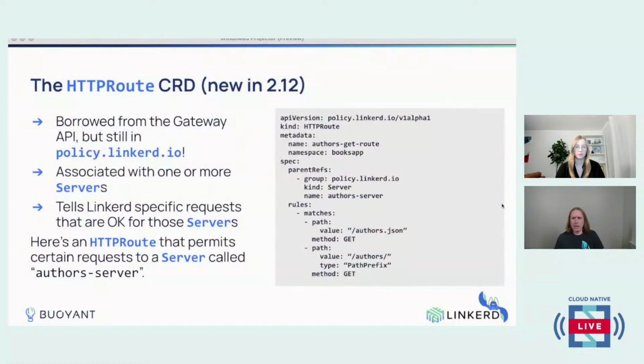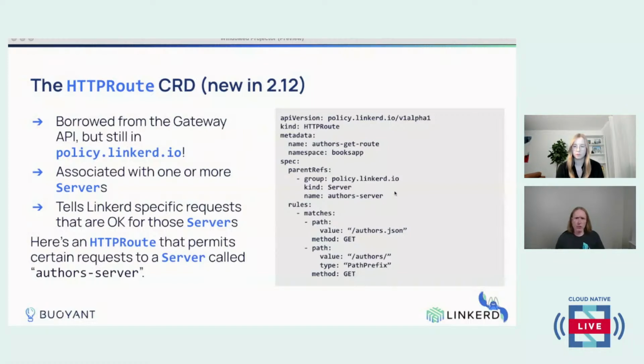All right, on to the HTTP route CRD, which is new in 2.12. We borrowed this from the Gateway API. It's in a different API group, though. It's in policy.linkerd.io because Linkerd does not currently implement all of the Gateway API HTTP route, so we decided to just put it into its own API group to make that a little bit more clear. You associate it via this parentRefs with one or more servers. So this one would be, we're associating this with the author's server.